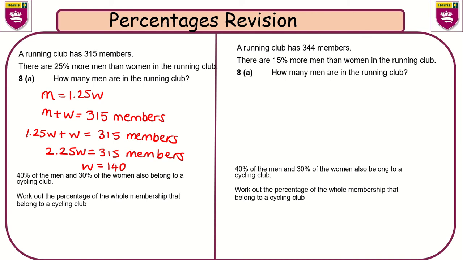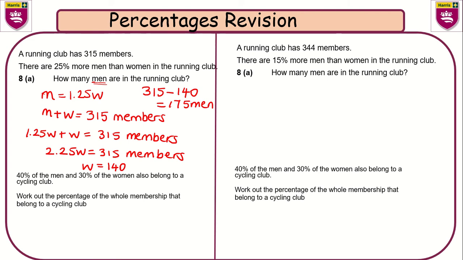The question is asking you to find out how many men there are. So we need to do 315 take away 140, which is going to give us 175 men.